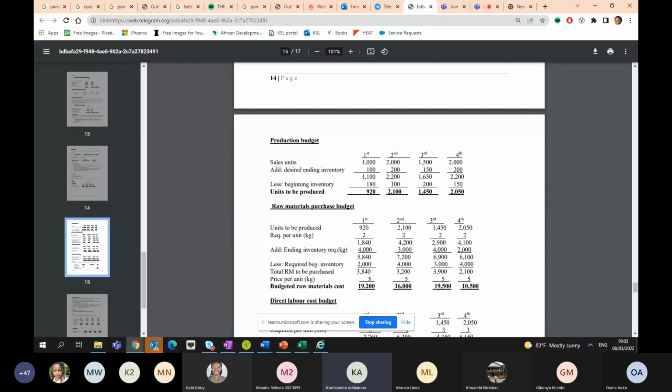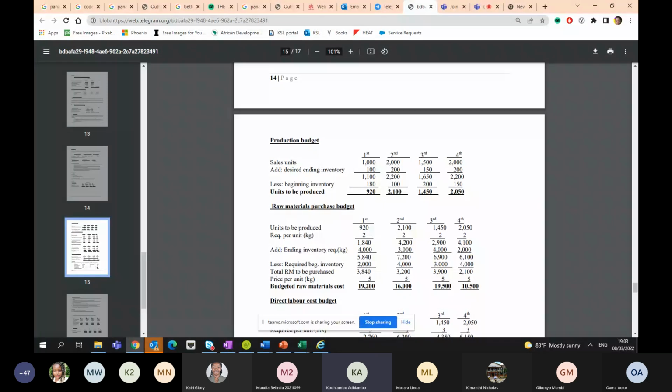Okay. So the next question then, now we have the number of units that need to be produced, and the question is asking us to get the raw material purchase budget. So the numbers we have up there are what we'll need, which is 920, 2,100, 2,050.